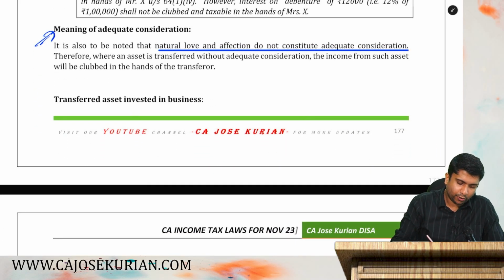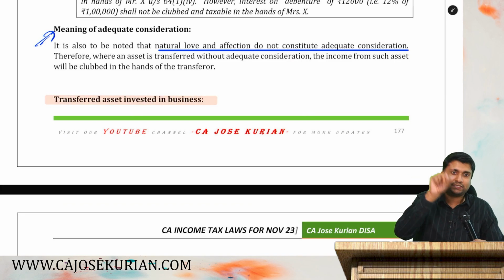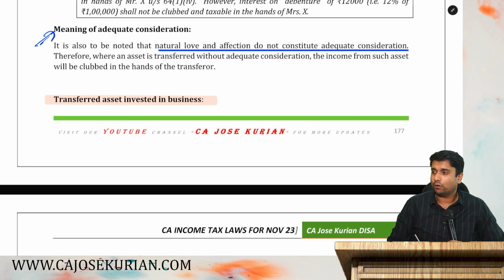Now, moving on to the next scenario of clubbing, that is transferred asset invested in business. So let's understand what to do with this.